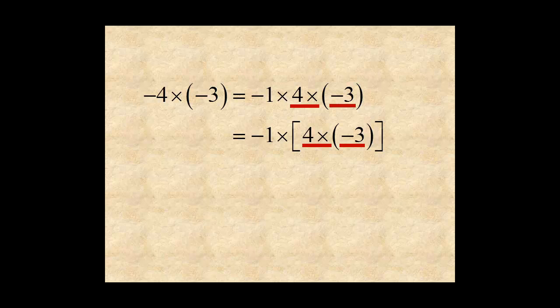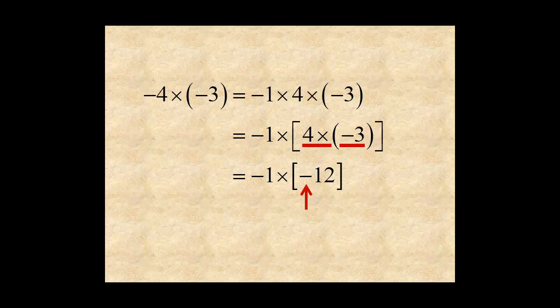So to multiply negative 4 times negative 3, use the multiplication property of negative 1 to rewrite negative 4 as negative 1 times 4. Then use the associative property to regroup the product. Next, 4 times negative 3 is negative 12.